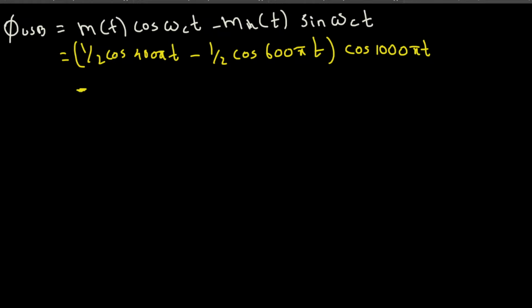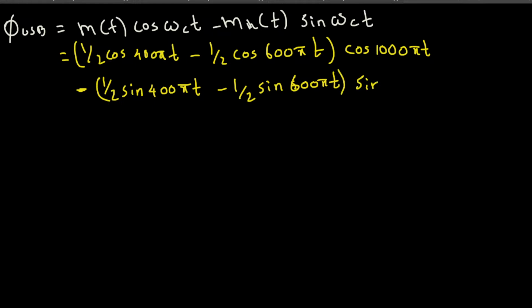So minus, and then mh of t is the same expression with sine. So this is half sine 400 pi t minus half sine 600 pi t multiplied by sine omega ct, that is sine 1000 pi t.